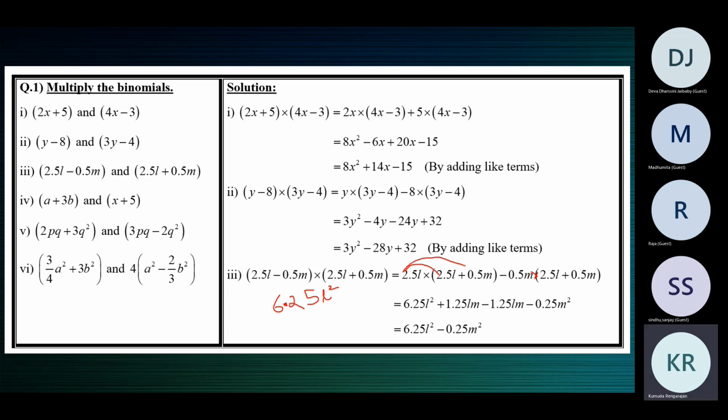Then 2.5L into 0.5M. So 2.5 into 0.5 is 1.25. L into M is LM. Minus 1.25LM. 0.5 into 0.5 is 0.25. M into M is M square.